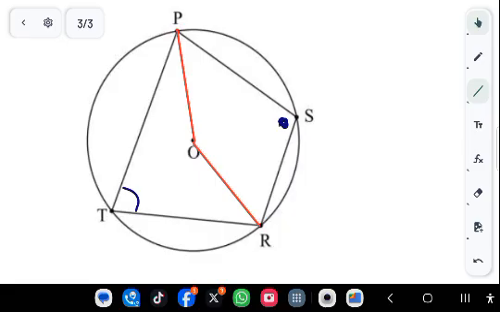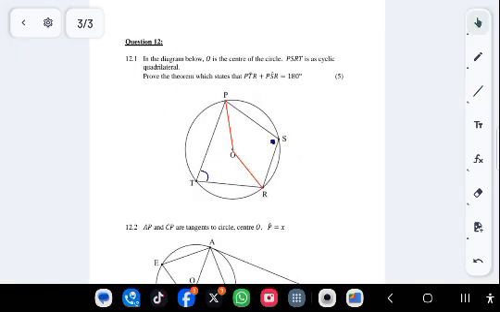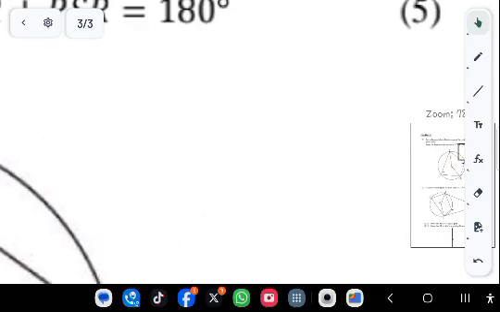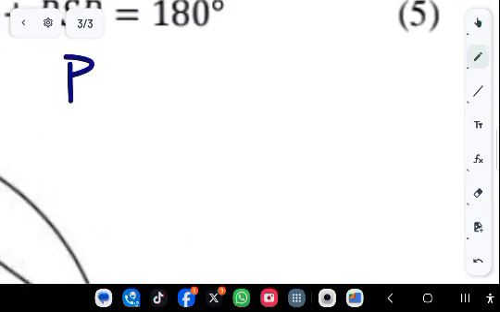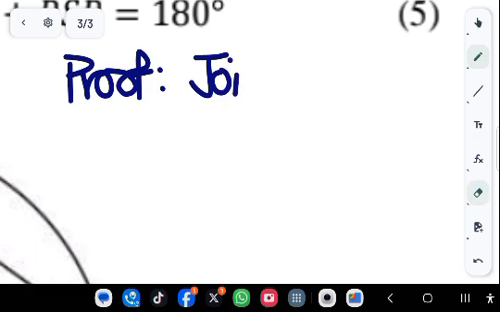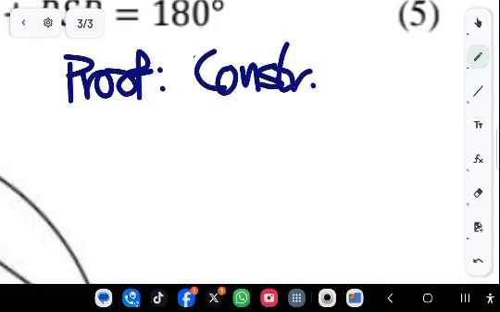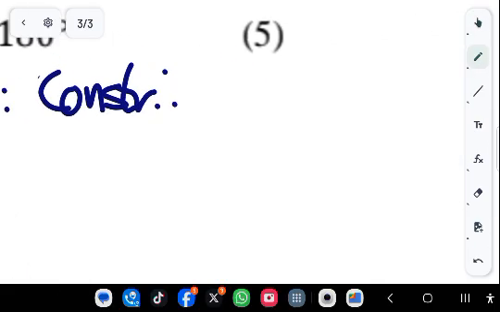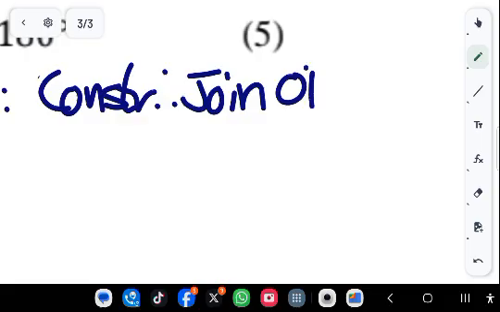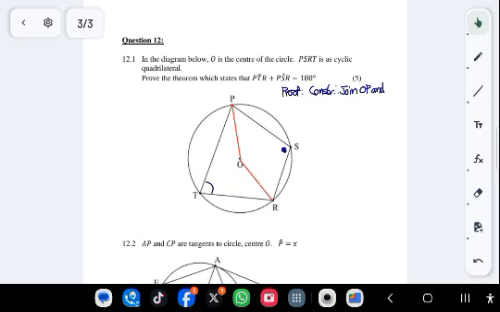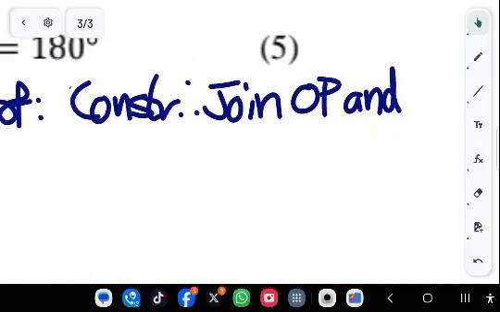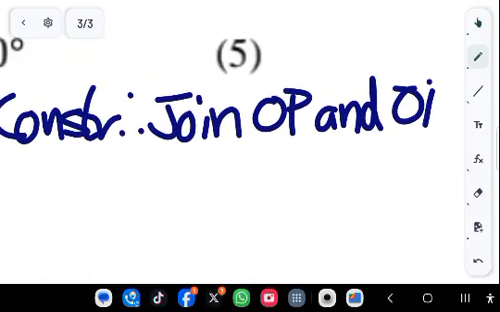So we want to prove angle T plus angle S equals 180 degrees. Construction: we are joining OP and OR. Join OP and OR.